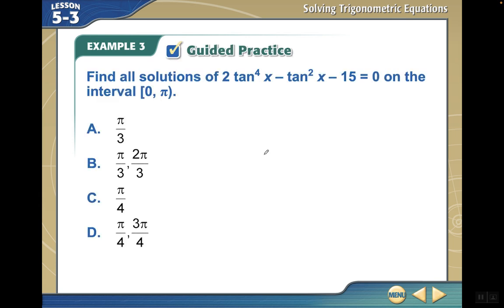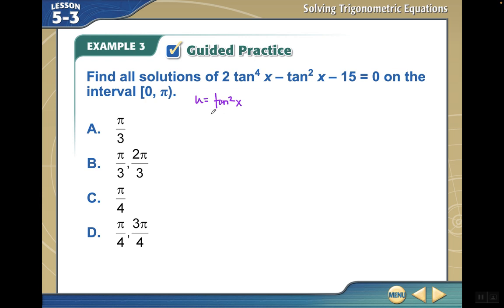Okay, here's another one. This one's a little bit trickier, so I'll just tell you, I would use u equals tangent squared. Okay, so that's going to be maybe one more step or so. But if you would like to try it on your own, go ahead. I will try to do it right here.